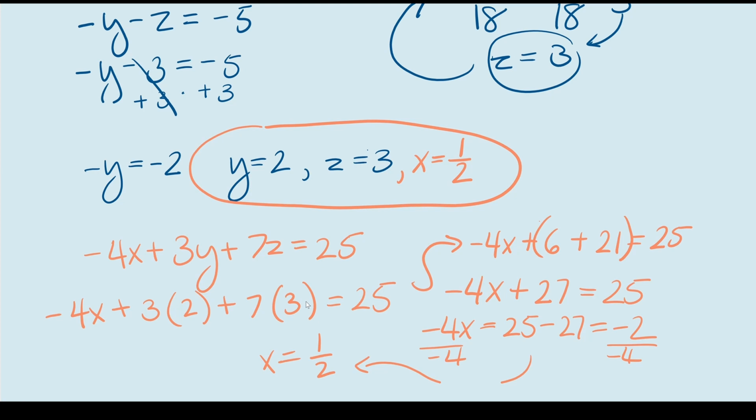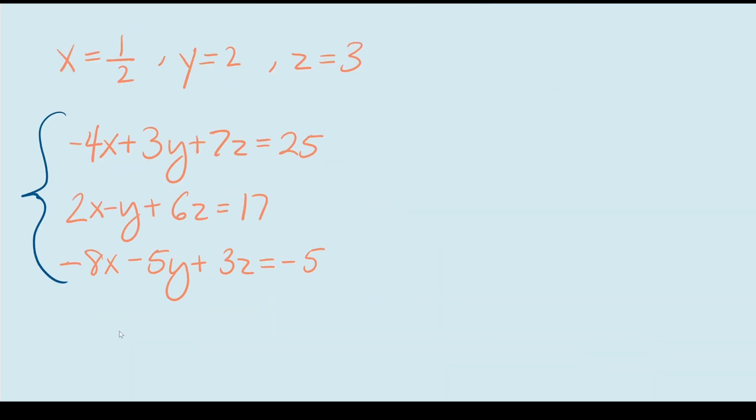Now to double check, we can plug these values back into the original problem, and if they match up, we know these are right. So let's go ahead and do that. So now that I have my original problem, I can plug in the values and see if they're right. For this first equation, we'll have negative 4 times 1/2 plus 3 times 2 plus 7 times 3 equals 25.